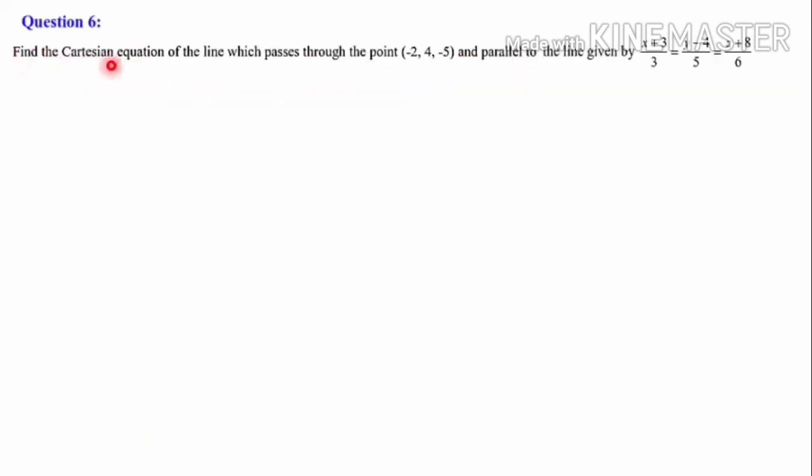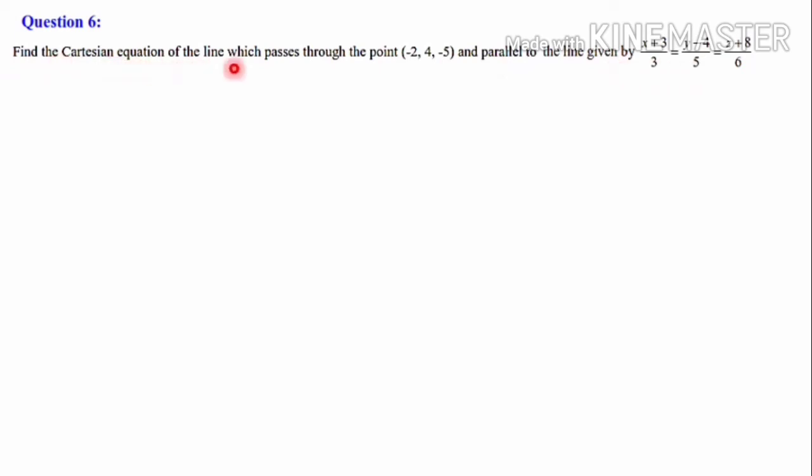Next, move on to question number 6. The question is, find the Cartesian equation of the line which passes through the point -2, 4, -5 and is parallel to the line given by x plus 3 by 3 equal to y minus 4 by 4 equal to z plus 8 by 6. Here, go through the question and identify the given conditions and the required formula.